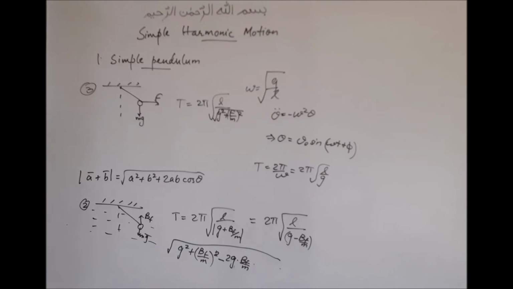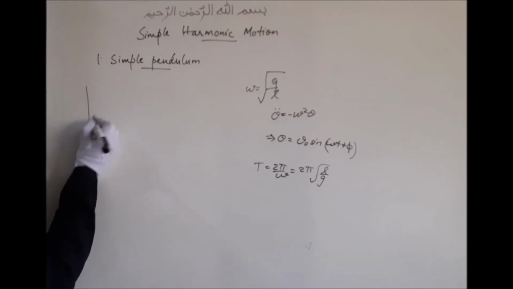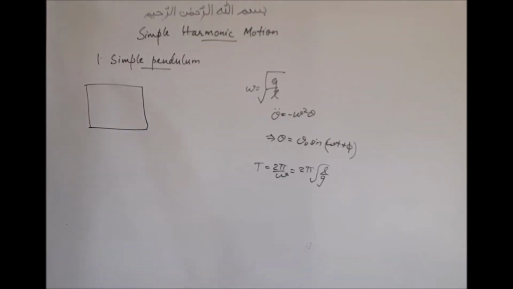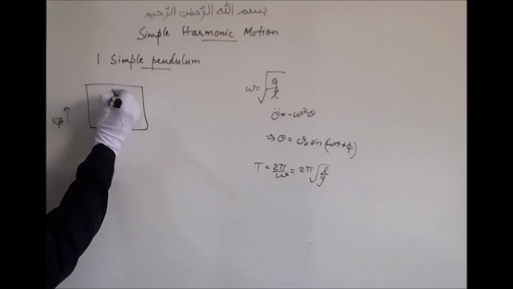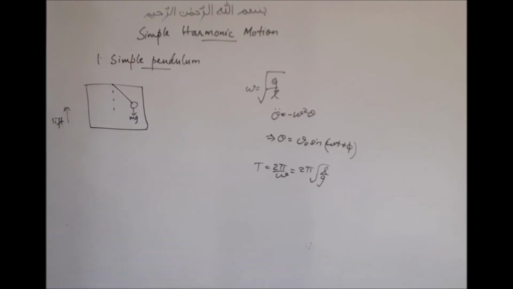Now if we have the pendulum inside a lift, then what will happen? The pendulum is inside a lift. Case 1 is when the lift is moving upwards. The pendulum is inside here, mg downwards, lift is moving upwards.